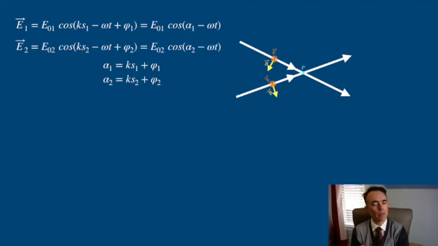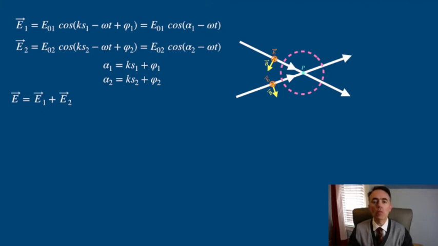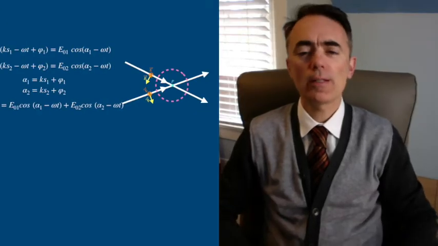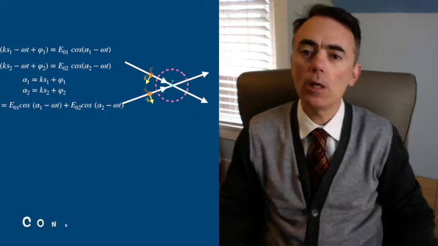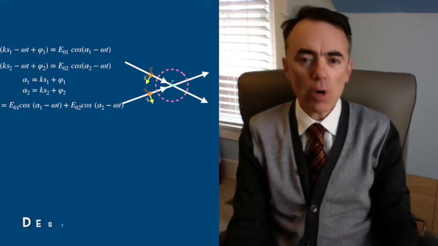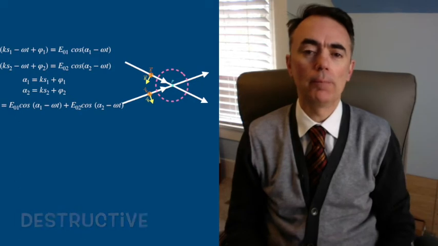These two waves cross their paths at point P. There the total electric field will be E1 plus E2, which writes as, depending on the relative phases, the interference between both waves can be constructive, destructive, or something in between.